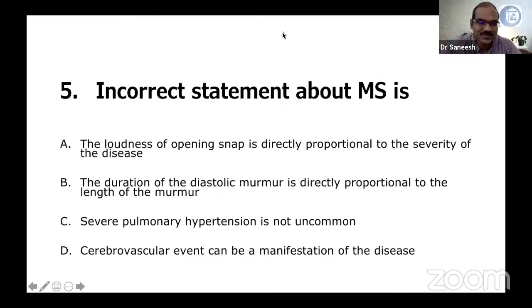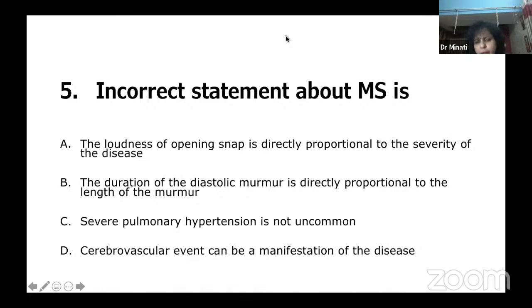A cerebrovascular accident can be a manifestation of the disease because of the thromboembolic phenomenon. Severe pulmonary hypertension is again common. It starts from moderate to severe stenosis cases, so it is common. The duration of the diastolic murmur is directly related: the more the duration, the more the length.